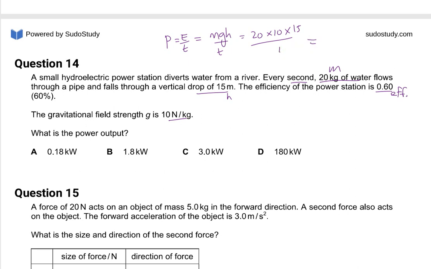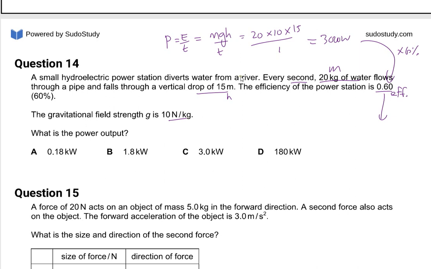Okay, so let me just plug this in my calculator. 200 times 15, that is 3000, and this is 60% efficient. So I need to multiply this by 60% because it is 60% efficient.